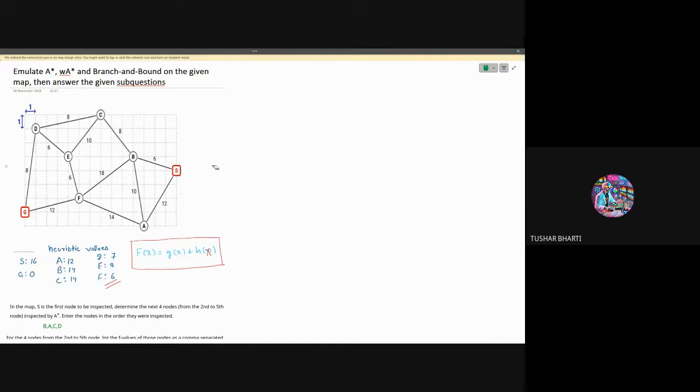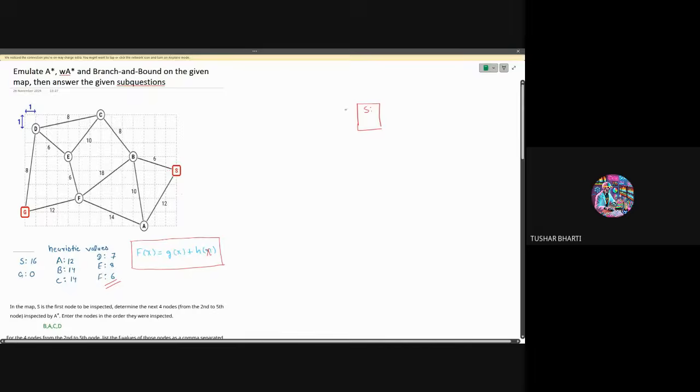So initial node is S node. So we will draw a tree graph. So this is S, and now what we will do, we have visited this first. So we will mark this in a small circular bracket.